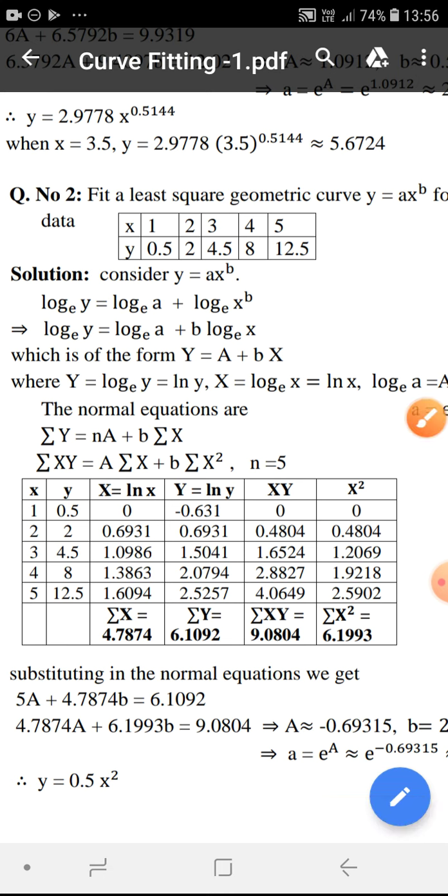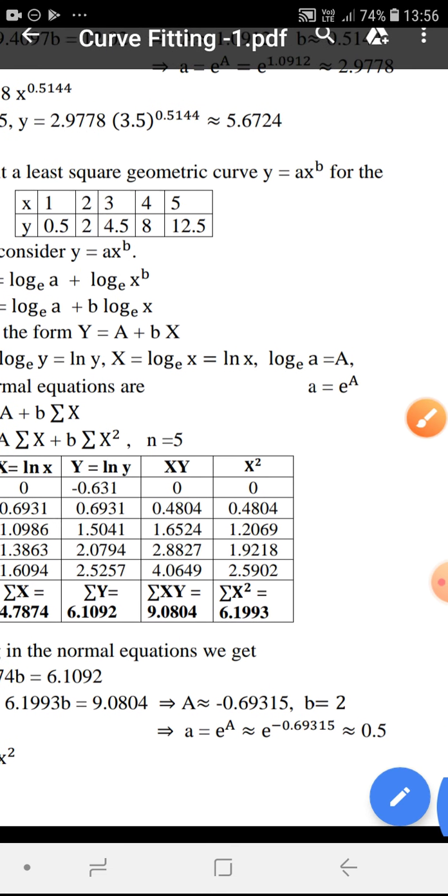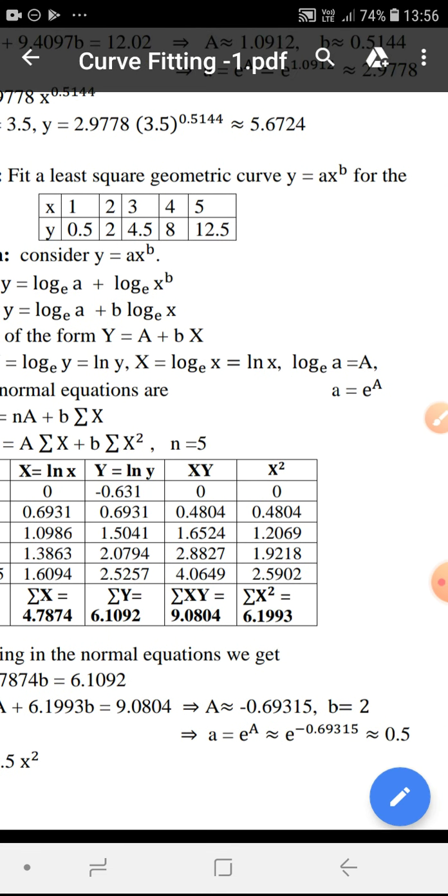In this equation we take it in the form capital Y equal to capital A plus b into capital X. The left side we take as capital Y, so capital Y will be log y to the base e, or ln y. Then the right side, the first constant term, we take as capital A, so capital A will be equal to log a to the base e.